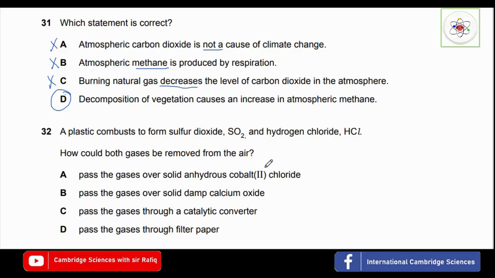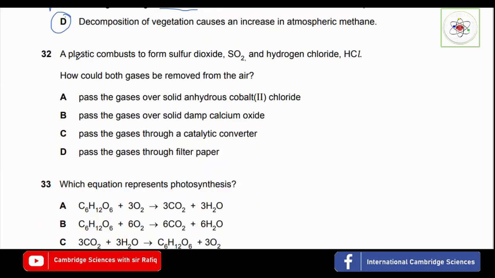Question 32: a plastic combusts to form sulfur dioxide and hydrogen chloride, right? How could both gases be removed from the atmosphere? Pass the gases over solid anhydrous cobalt chloride. I don't think so, because anhydrous cobalt chloride is just the test for water. Pass the gases over solid damp calcium oxide.